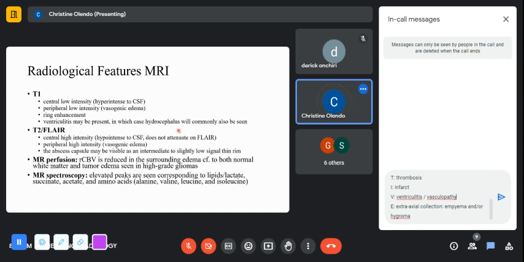On T2 and FLAIR, the center is of high intensity, which is hypointense to CSF and does not attenuate on FLAIR. The periphery will be high intensity due to vasogenic edema, and the abscess capsule will be visible as an intermediate to slightly low signal.